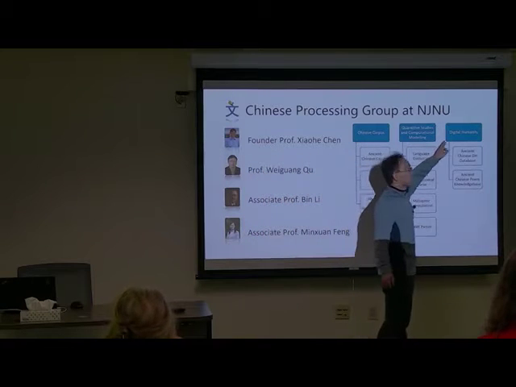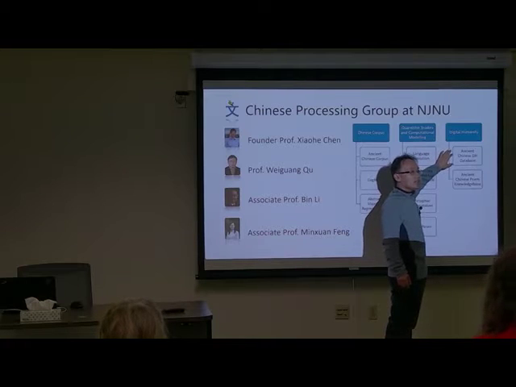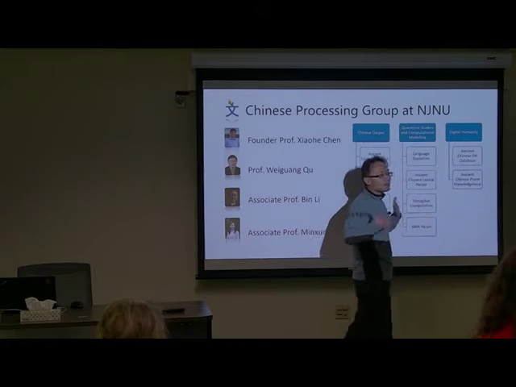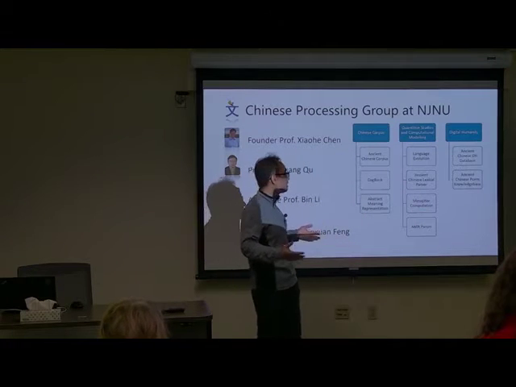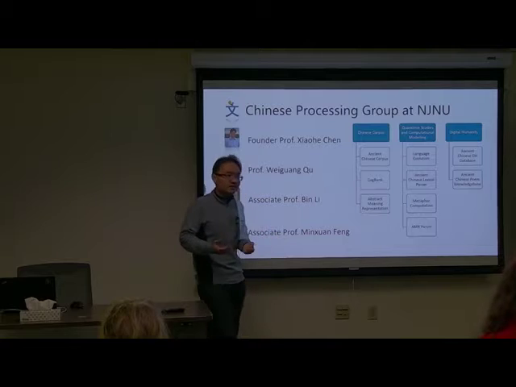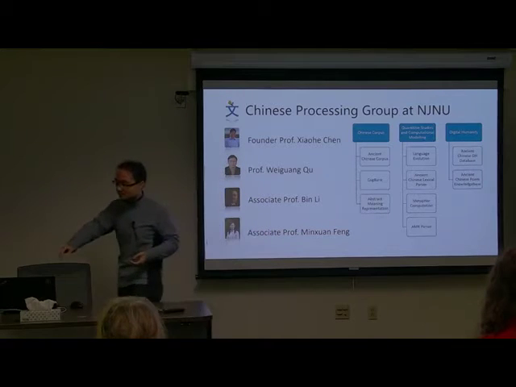And the last part is digital humanities. We also do some work on ancient Chinese histories. We want to put history into a database. That's really hard work, and that's why I'm here at Harvard. Yeah, that's for the Chinese history part.